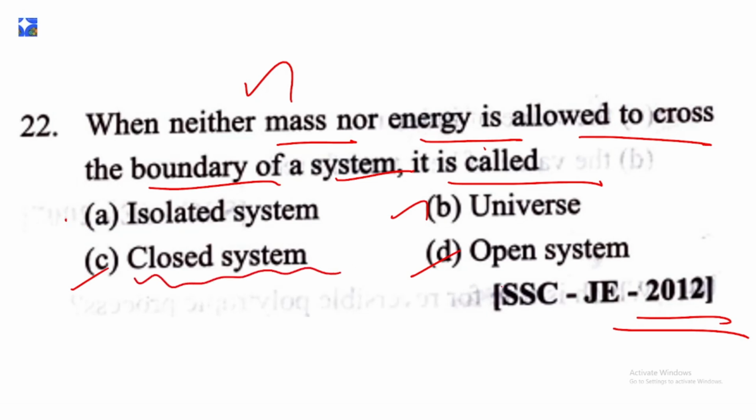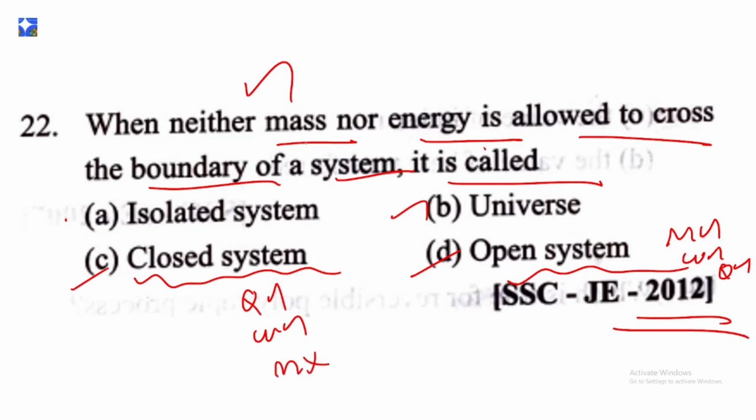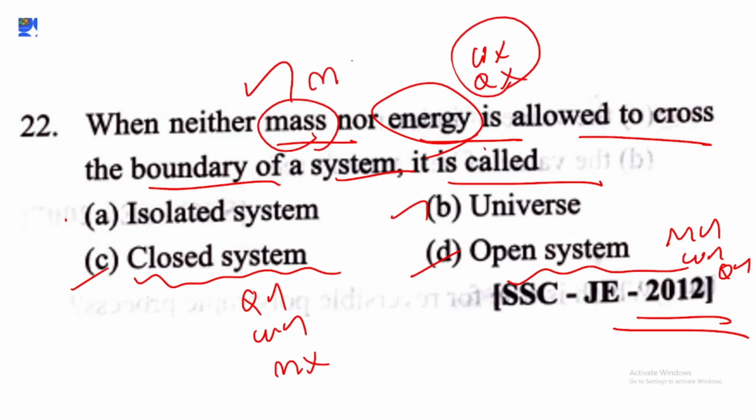We know about the closed system and open system. In an open system, mass is allowed, work is allowed, and heat is also allowed. In a closed system, heat and work alone are allowed, whereas mass is not allowed. But here they are asking about both energy and mass: work and heat should not be allowed to cross the boundary, and mass is also not allowed to cross the boundary.